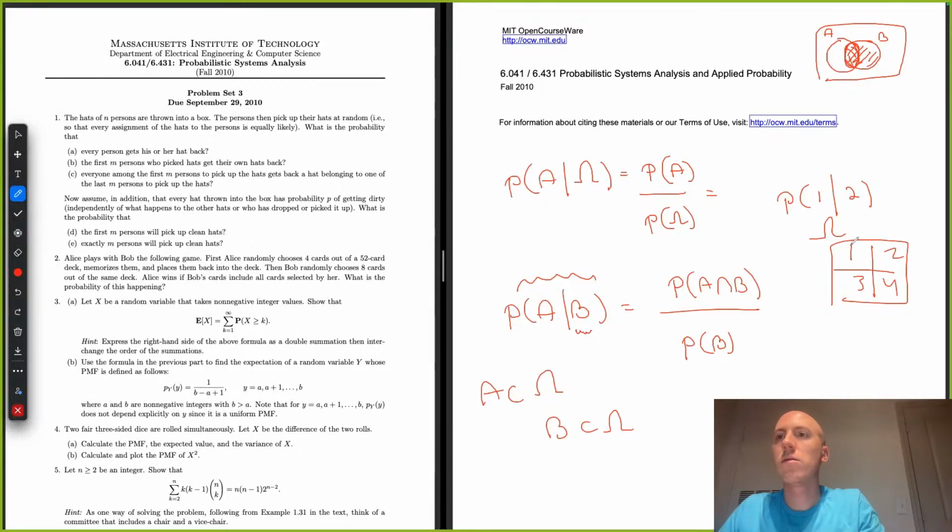Let's just do 2 and 1: the probability of 2 given 1. So it's like this event happened.